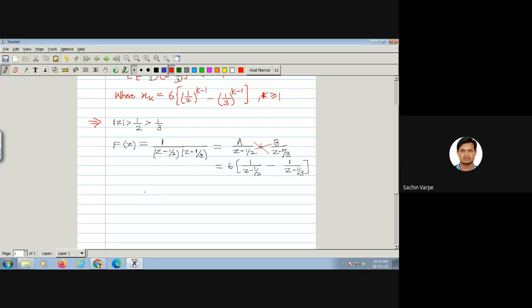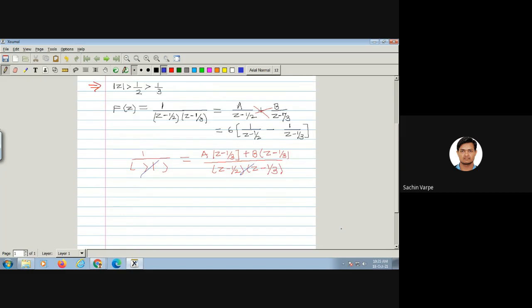So what we get is 1 upon the two factors equals a into z minus 1 by 3 plus b into z minus half upon z minus half into z minus 1 by 3. Right? So I can cancel this denominator from both the sides.